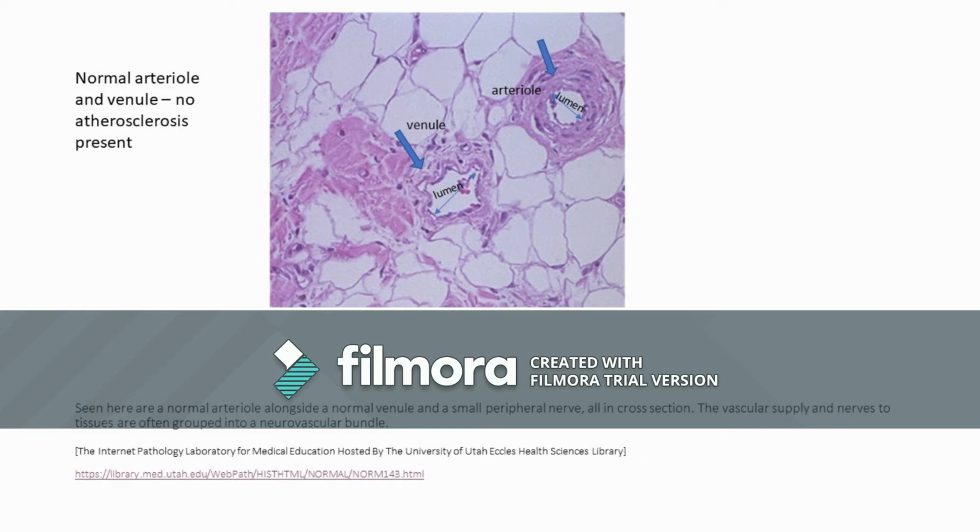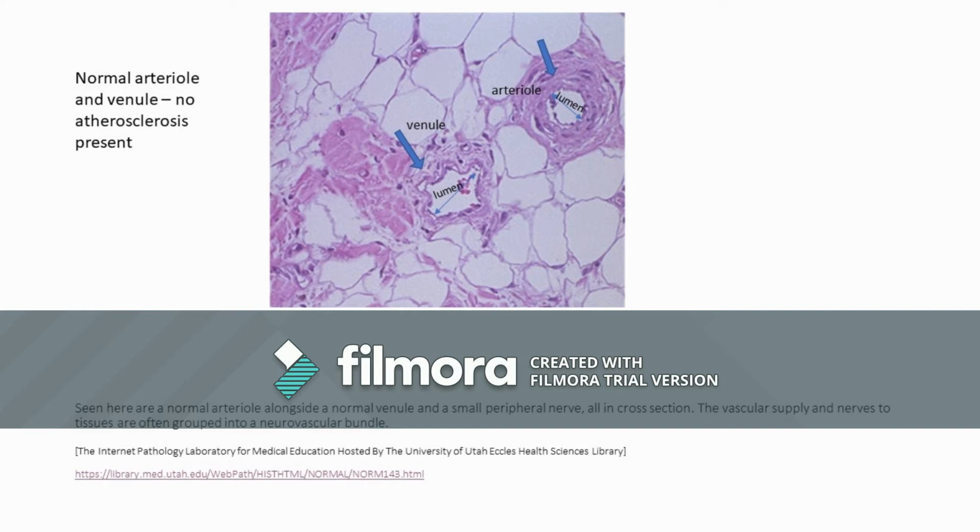This image is of a normal arteriole and venule where no atherosclerosis is present. So this is a non-diseased artery or arteriole and venule, and they are oftentimes grouped together.